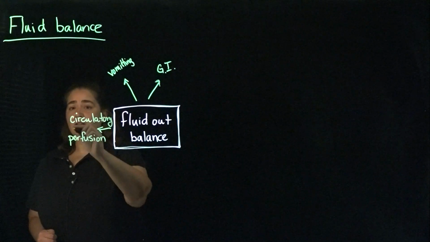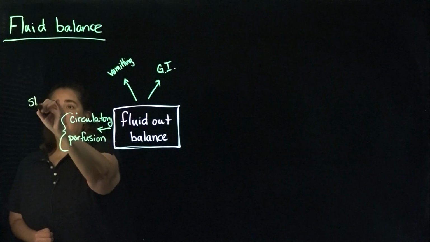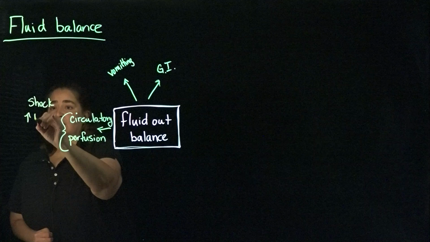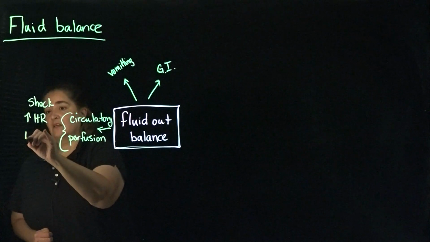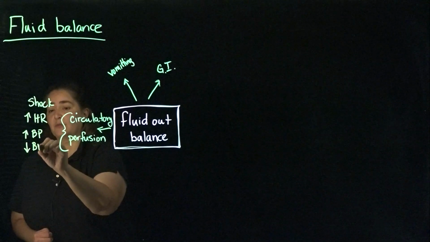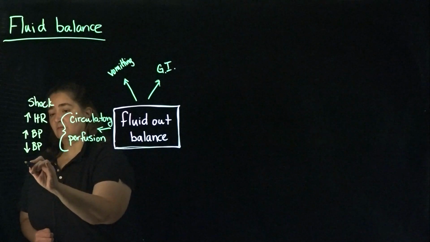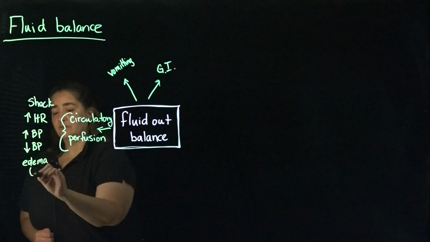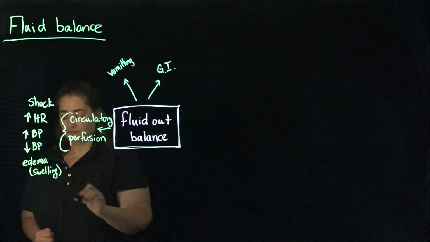When things are out of balance related to circulation and perfusion, it can lead to things like shock, an increased heart rate, which is tachycardia, increased blood pressure, decreased blood pressure, depending on the direction that the fluids go, edema or swelling.